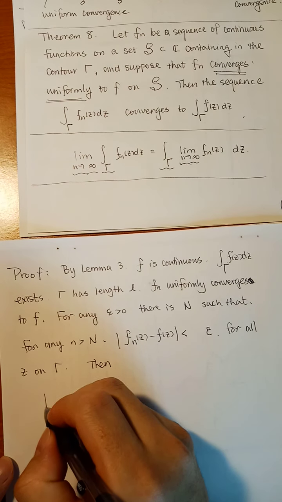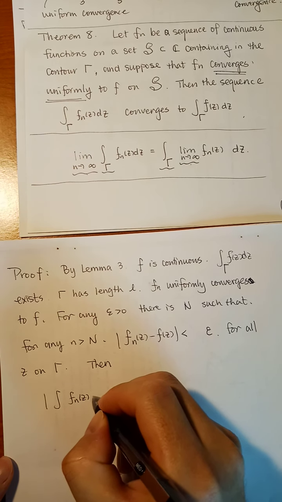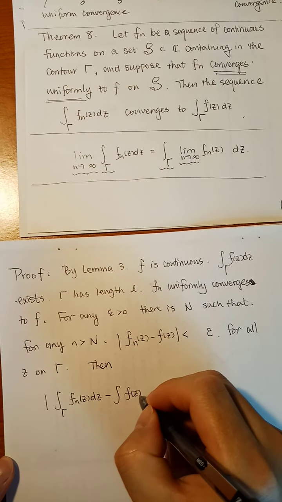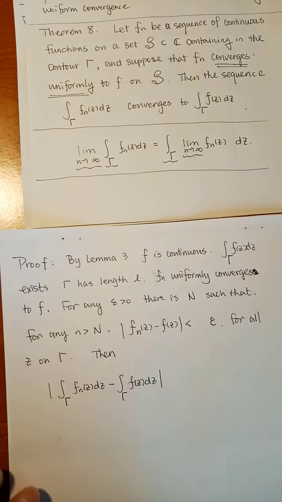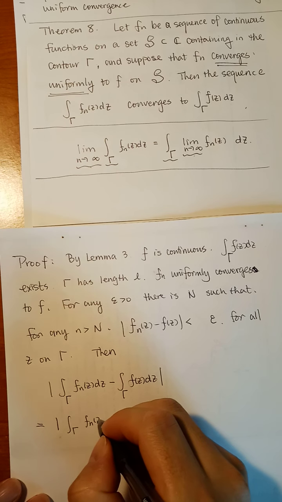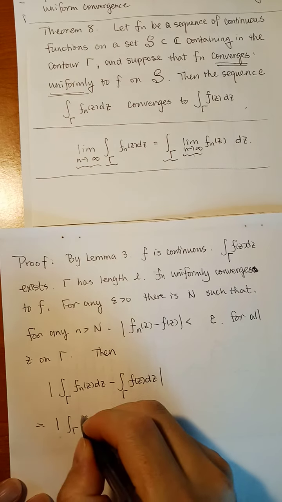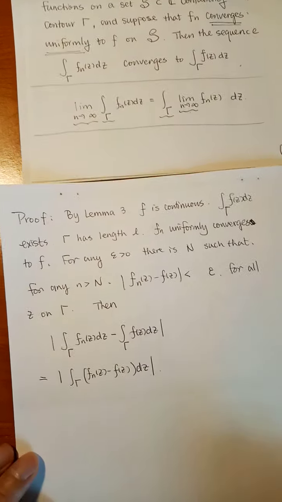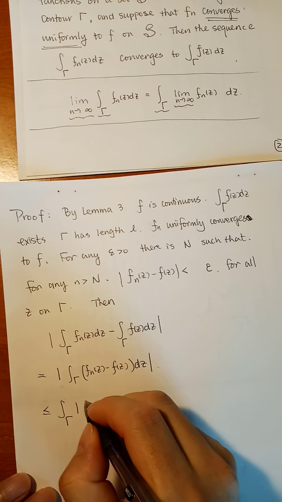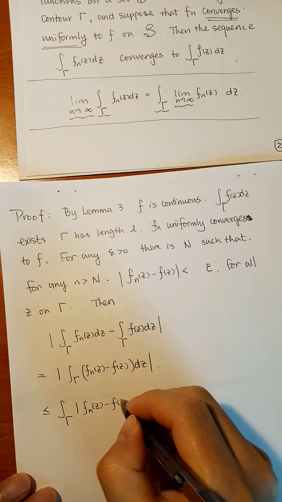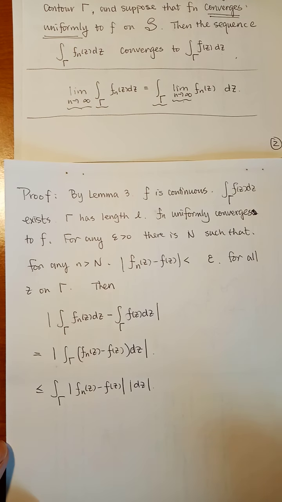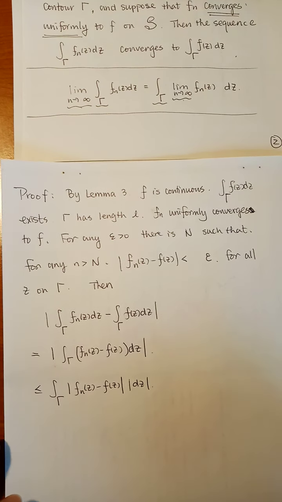Then let's compute. We want to check the convergence of a sequence to a number. So let's check the difference. First of all, write them in one integral. And second, apply the inequality. You move this absolute value into the integral, right? That's a standard, typical trick.